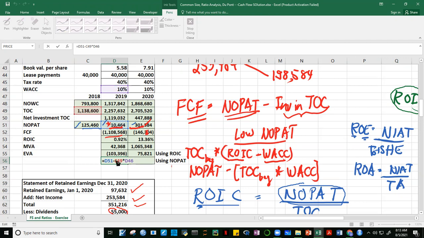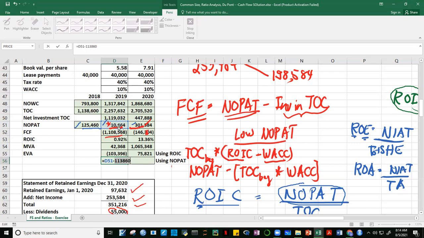Okay, so this one, guys, if I flash this and then get the result, so that's 113,860. Okay, that is the charge, the capital charge. Eh, ang NOPAT lang yan, 10,464. So, ibig sabihin, dito kitang-kita natin na value was destroyed.